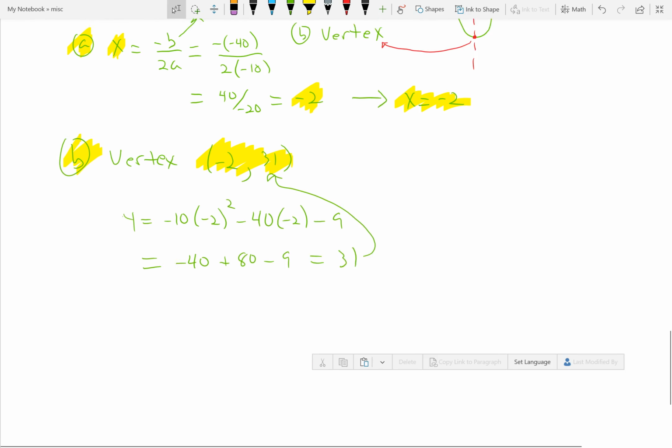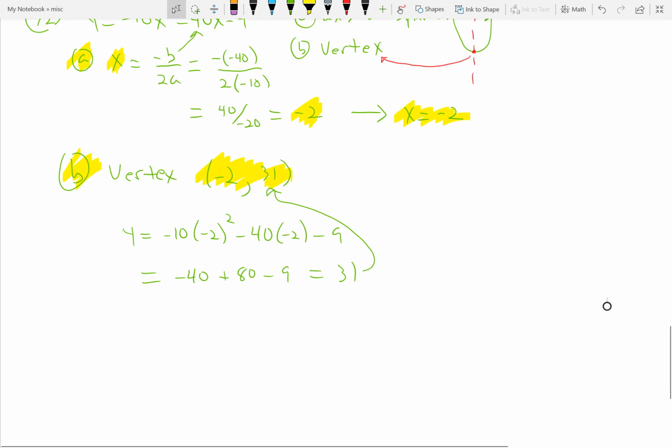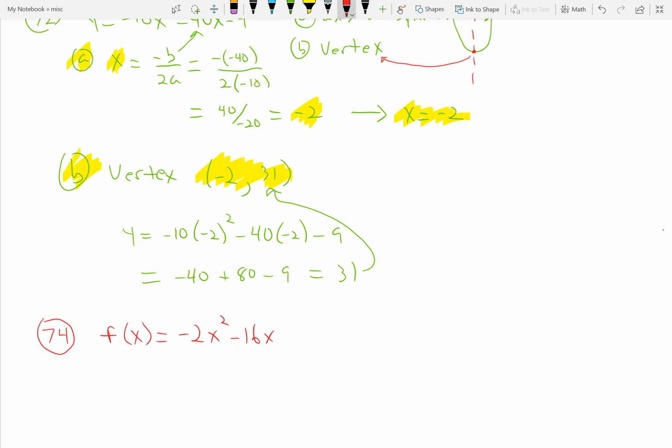On all of these next ones, my guess is that the standard fare for this kind of problem is a graphing calculator. So hopefully she lets you use a graphing calculator. 74 says f of x is equal to negative 2x squared minus 16x plus 9.